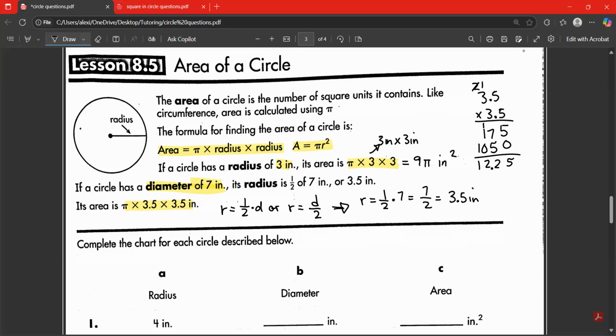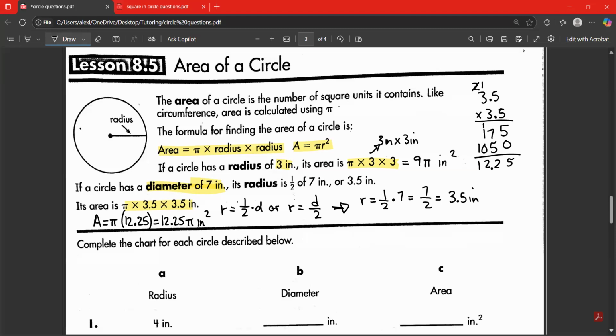So then we can finish the formula for finding area, and we can write it as area equals pi times 12.25, or we can just write it as 12.25 pi, and then don't forget inches squared.